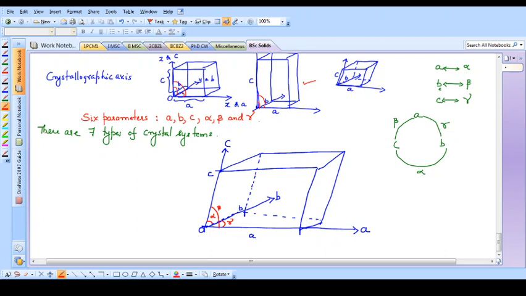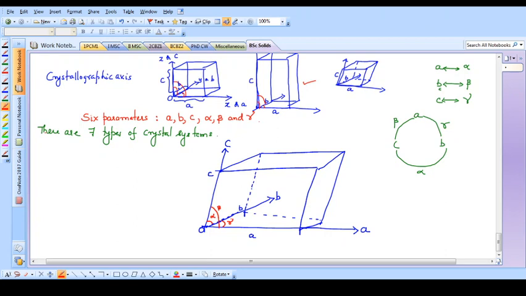So this diagram explains what is A, B, C, and alpha, beta and gamma. The values of these six parameters and the relation between them gives a characteristic unit cell.